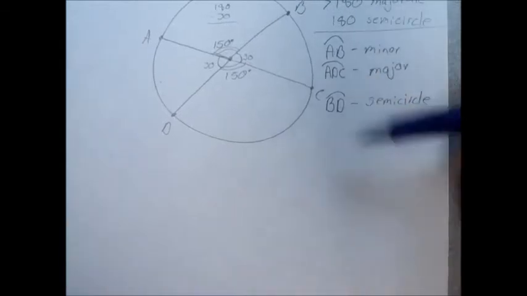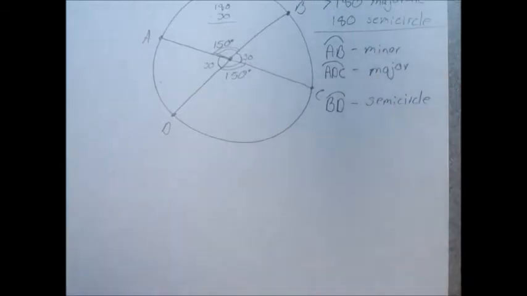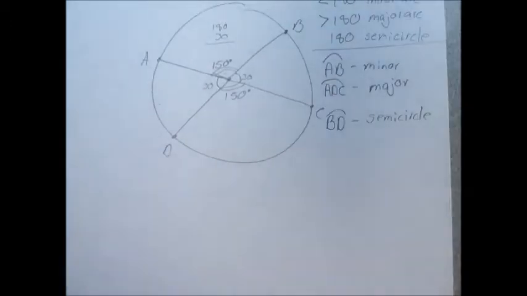So I'm just going to start naming off a few, and you tell me what they are. You can say it collectively as a class, or whoever finds it first. So I have arc ABD: minor, major, or semicircle? It's major. Arc AD.